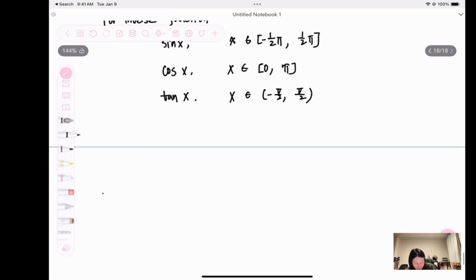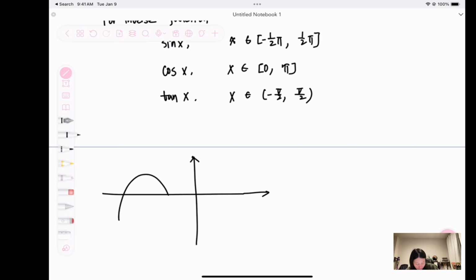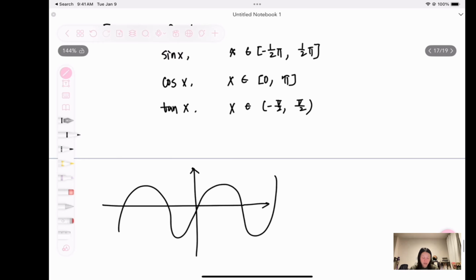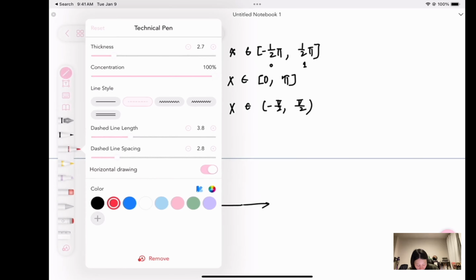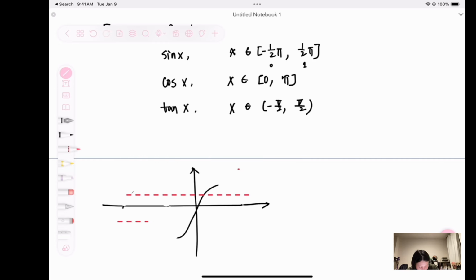Let's start with sine. We know that our sine function looks this way, and the width is -1/2 pi to 1/2 pi. We know that sine of 1/2 pi is equal to 1 and sine of -1/2 pi is equal to -1. So I'm going to erase the part that is not sine from -1/2 to 1/2 pi. So only this part. If it's only this part, it's going to pass the horizontal line test.